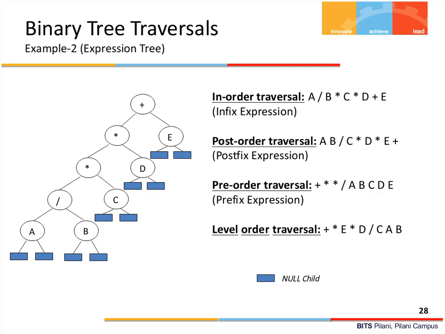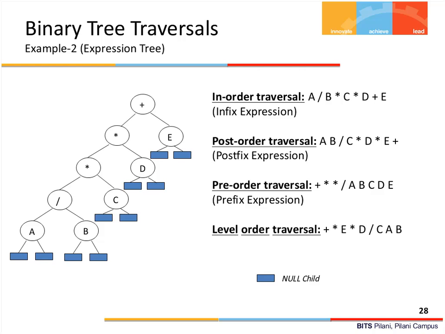What you need to notice here is all the leaf nodes. I'm not talking about the blue rectangles; blue rectangles are null children, right? I'm talking about the leaf nodes. Who are leaf nodes? Those whose both children are null. So for example, A, B, C, D, E are leaf nodes.